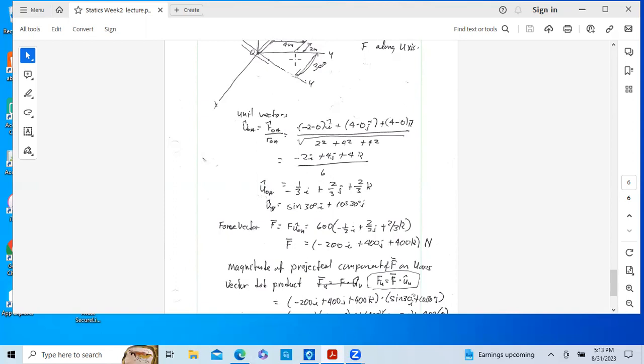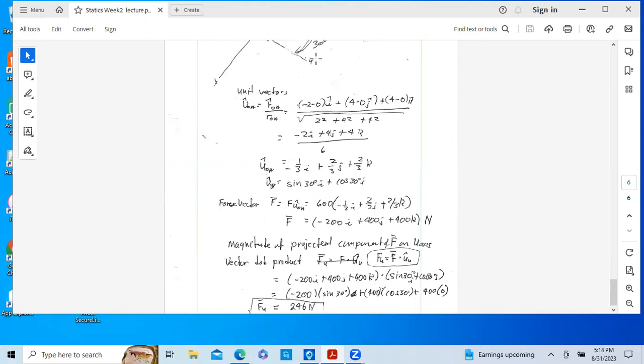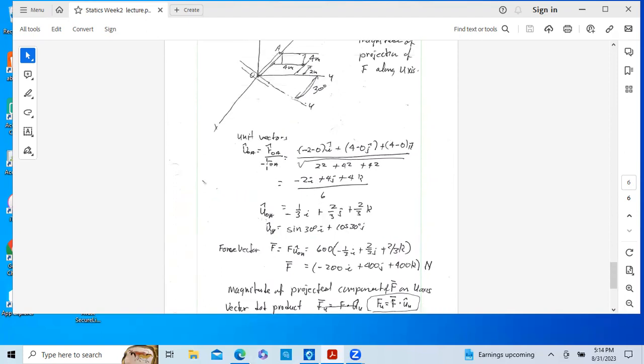And this is adjacent, so it's cosine. So it's sine 30 i plus cosine 30 j. Okay, that's the unit vector for U. It's sine 30 in the x direction. In the y direction, it's cosine 30.